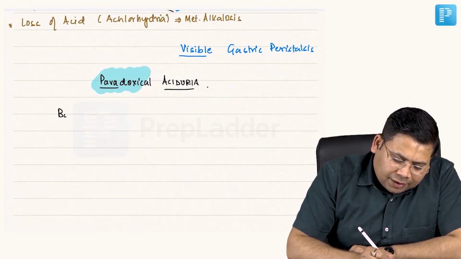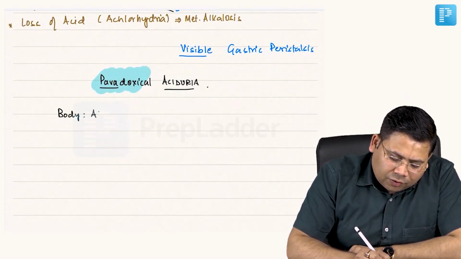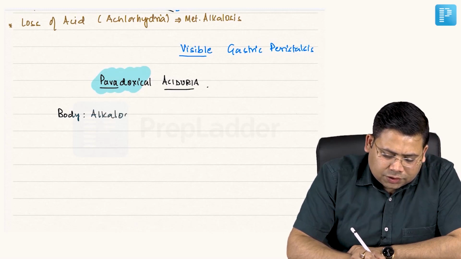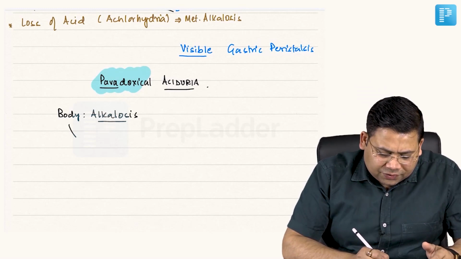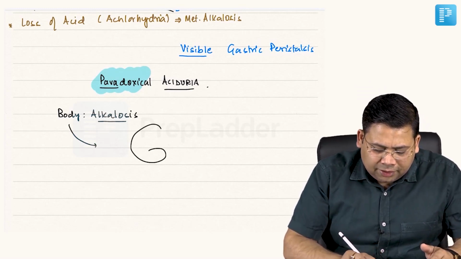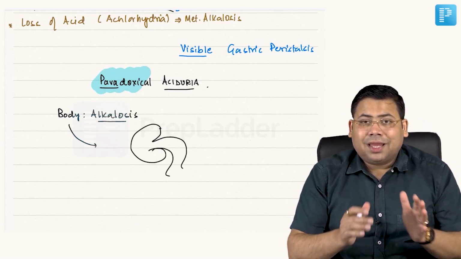Now try to understand, the body is having alkalosis. Now when body is having excess of alkali, body gives a message to kidney that kidney, you have to lose the alkali.